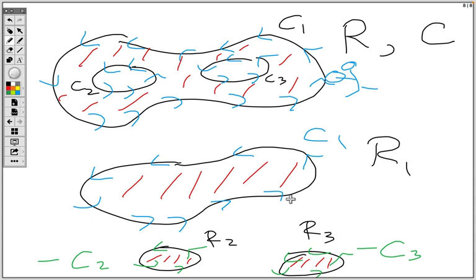So you see what's happening with the orientations here and how we're taking that region with holes in it and turning it into three parts we can use Green's theorem on? Well, to use Green's theorem, I would need these to be counterclockwise though, with respect to R2 and R3.